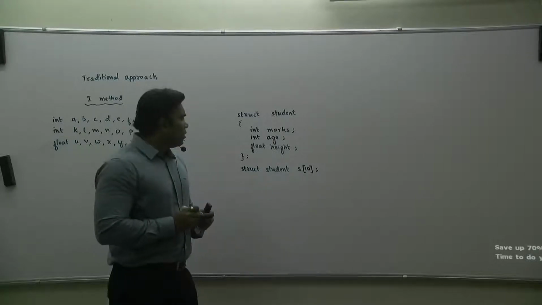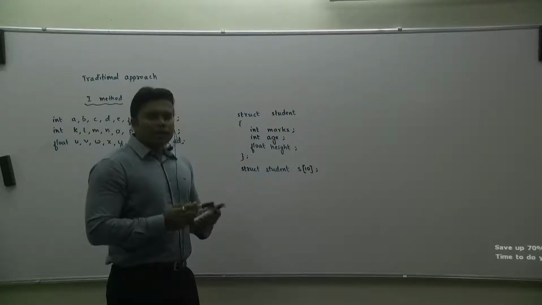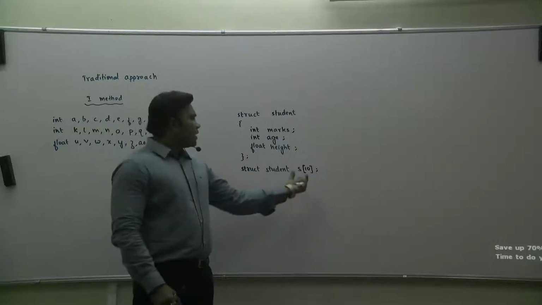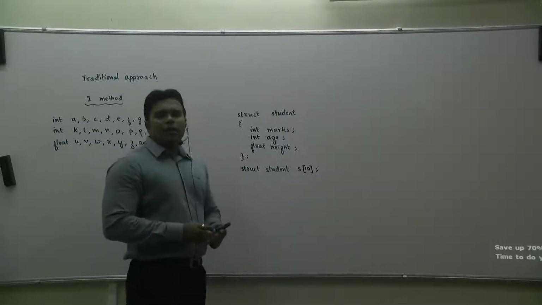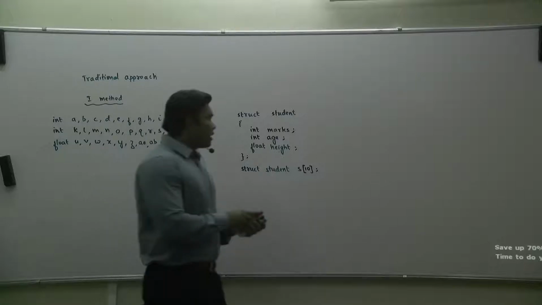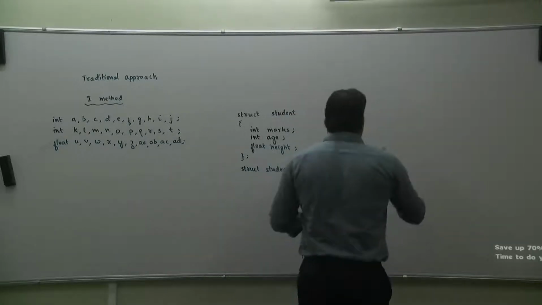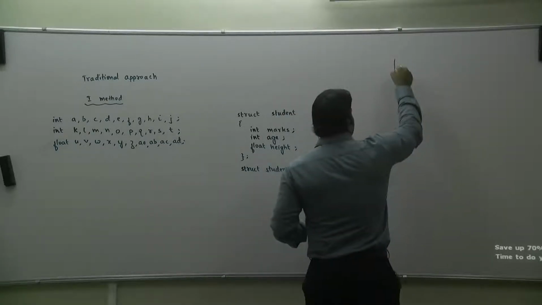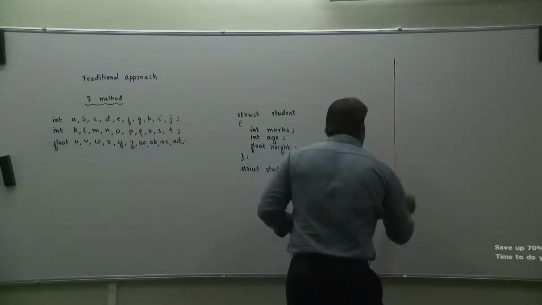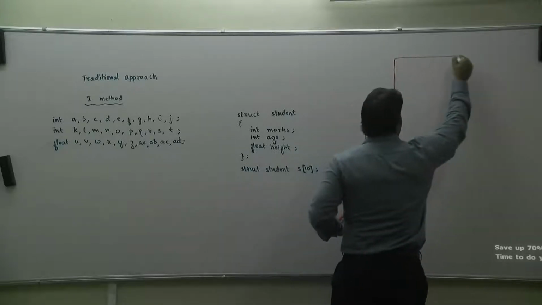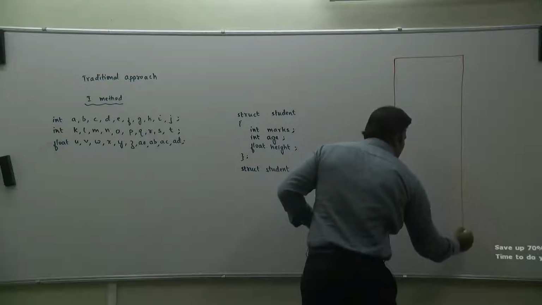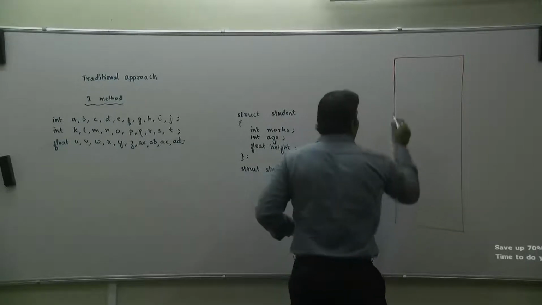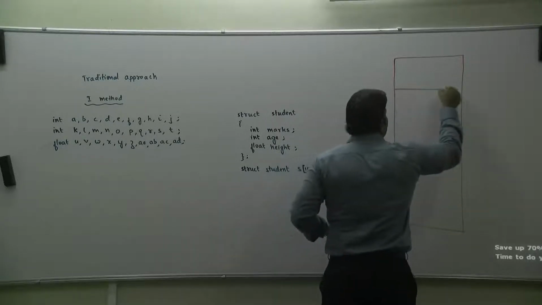Oh, now will memory be allocated, sir? Yes. After all, you have created an array, so memory will be allocated. How many blocks, sir? Totally 10 blocks would be allocated like this. This is our array called S. This is the first block.